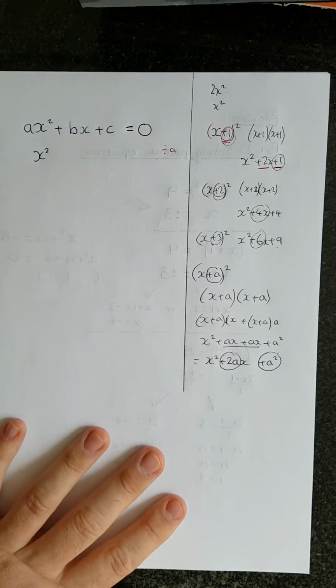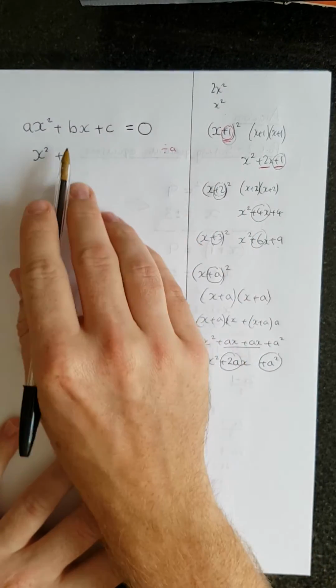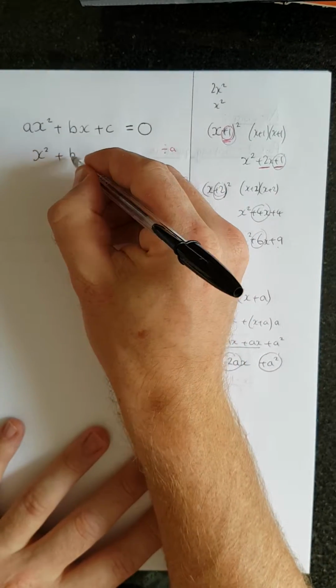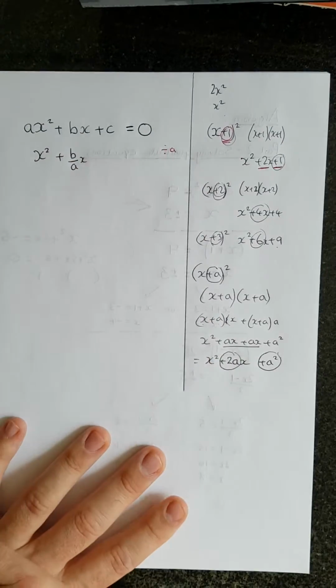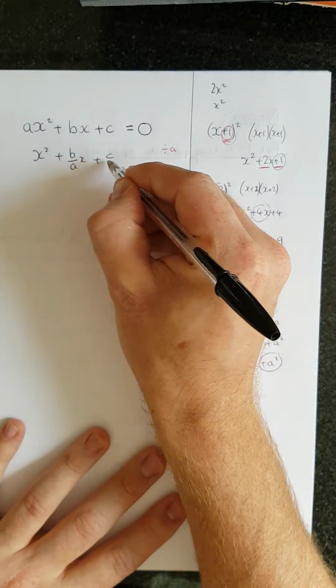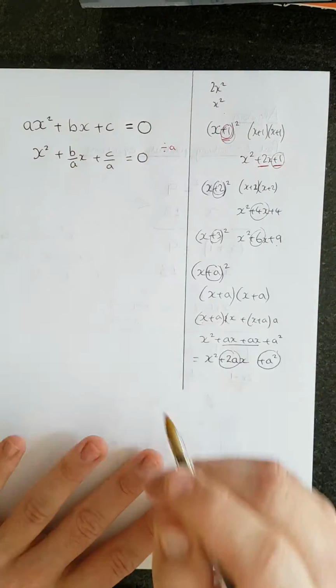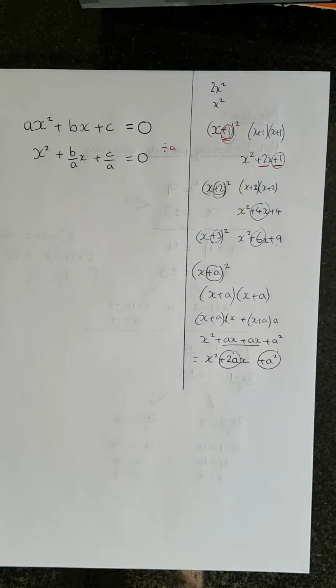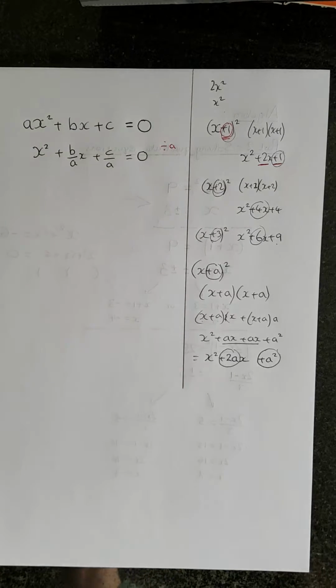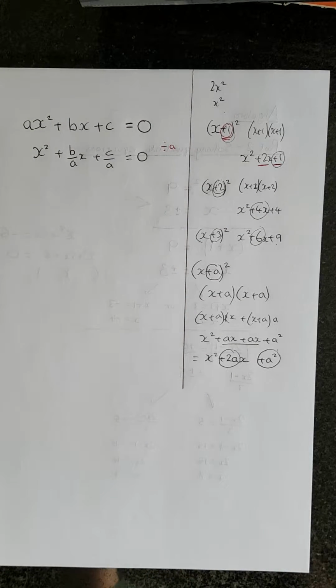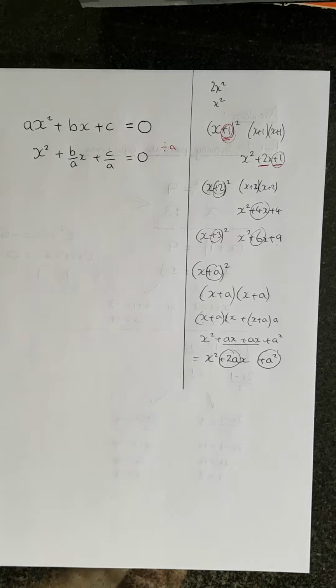That leaves me x squared. It leaves me this term divided by a. And this term, curiously, stays as 0. Now why is that? Oh right, because 0 divided by something will still leave you 0. Okay.